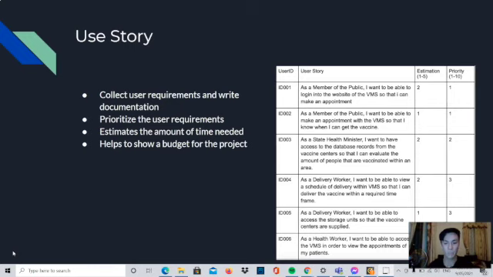This framework allows us to think from the perspective of our stakeholders and will also assist us to find out what is required in our system for our users. We document these system requirements so that we know what is important to include in our system. Then we may go over these requirements and see what needs to be prioritized, estimate how long it would take, and how much it will cost to create them.